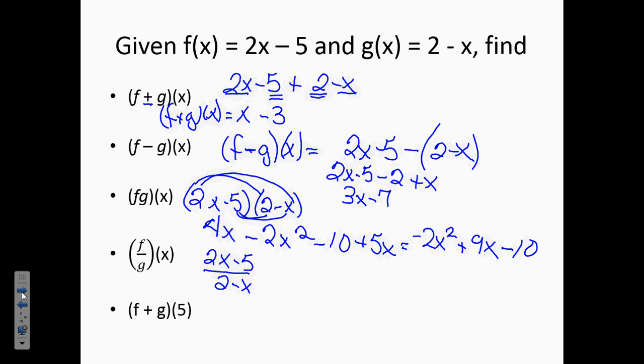This was all real numbers before, right? But now my domain has to change to be negative infinity to 2, but not including 2, and 2 to infinity. Or all real numbers such that x is not equal to 2. Two different ways to say the same thing.